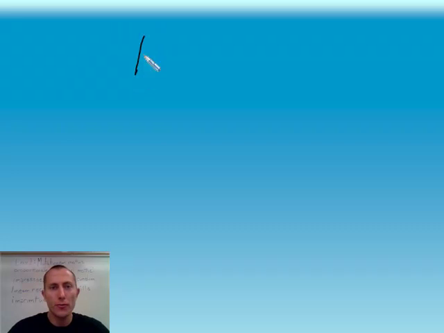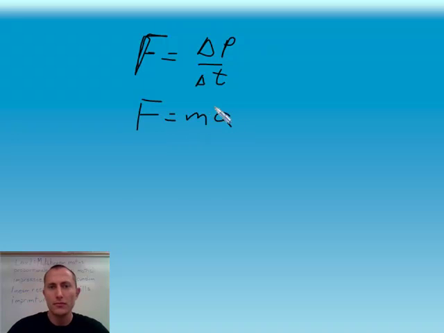So we started with the net force is equal to change in momentum over change in time. We saw how that can be derived to give us F equals ma. Now here, remember, force and acceleration are both vectors. Those vectors occur in the same direction. So whatever direction the net force is, that's the direction of the acceleration.